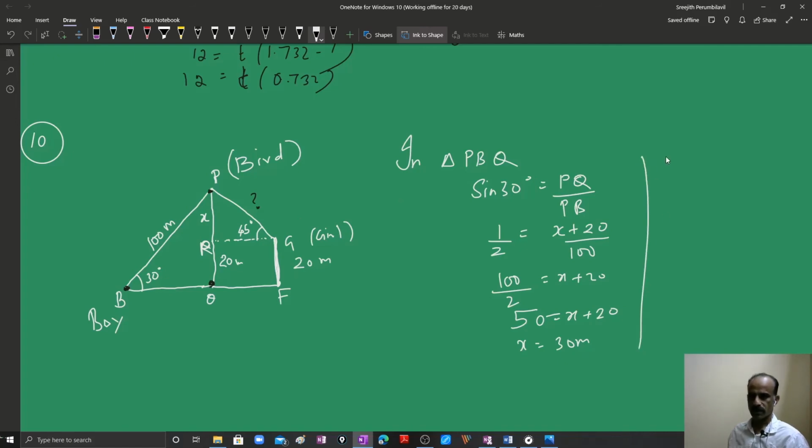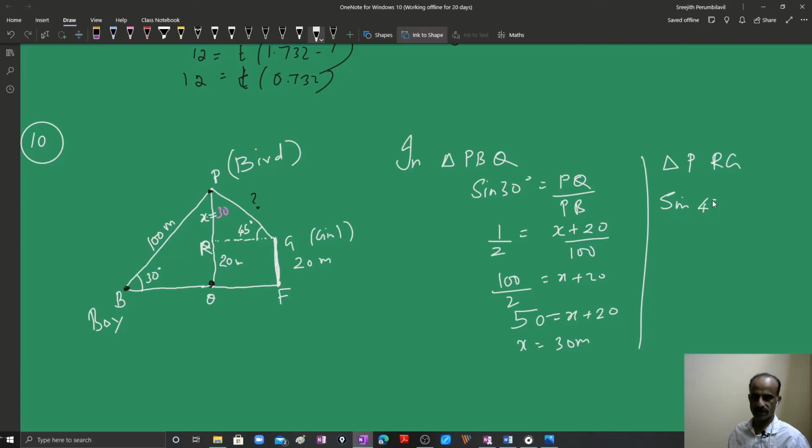Now we go for triangle PRG. Opposite side is there, the hypotenuse is missing. Opposite side we have found out. We found it as how much? 30 meters. So the opposite side is available, but we need to find the hypotenuse. So I am going for opposite side and hypotenuse again, so we go for sine.